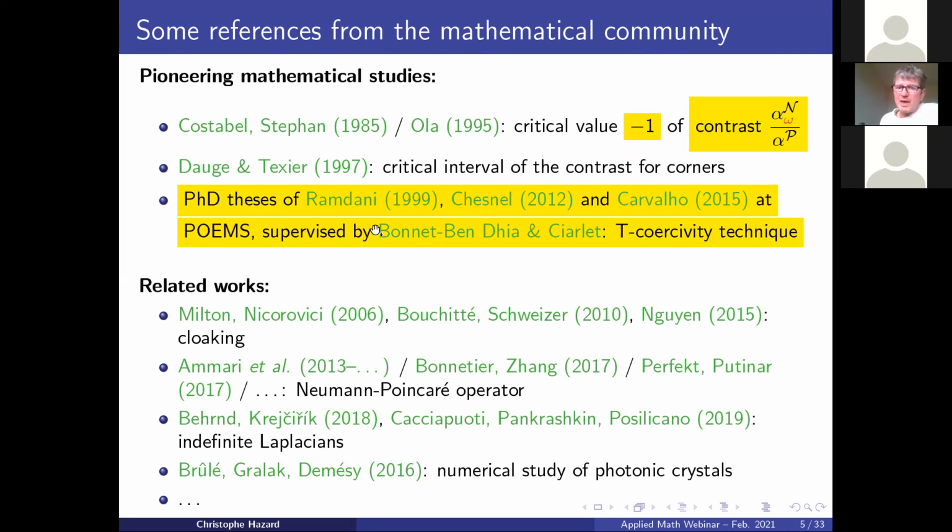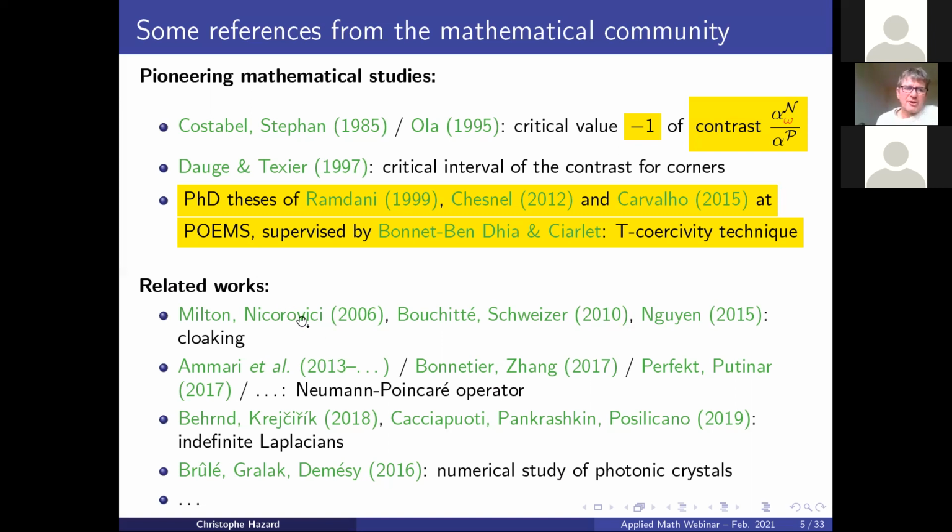And these theses were about negative materials and in particular about the so-called T-coercivity technique, which puts a new light on this critical value and this problem of negative material. And if I put these references in yellow here, that's just to say that all my work with Sandrine Paolantoni and all the content of my talk today is based on their work, on this long history of work which goes on now at POEMS.